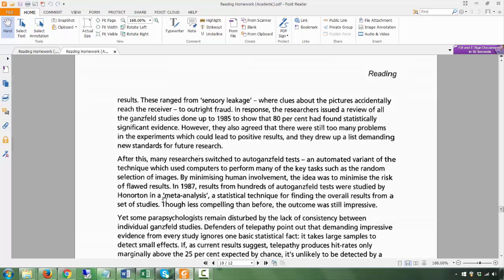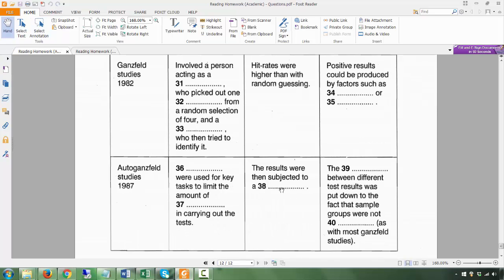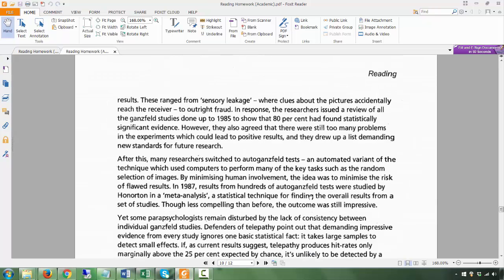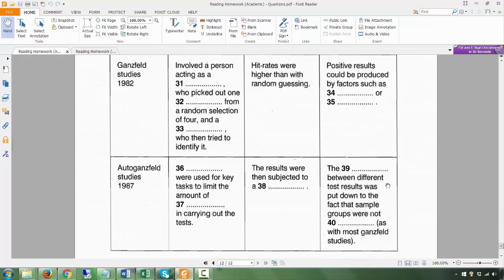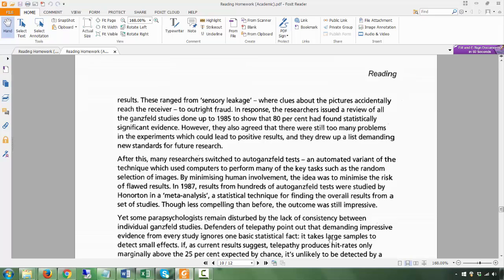So the results were subjected to a meta-analysis, which is a statistical technique for finding the overall results from a set of studies. Meta-analysis: the what between test results was put down to the fact that sample groups were not what?